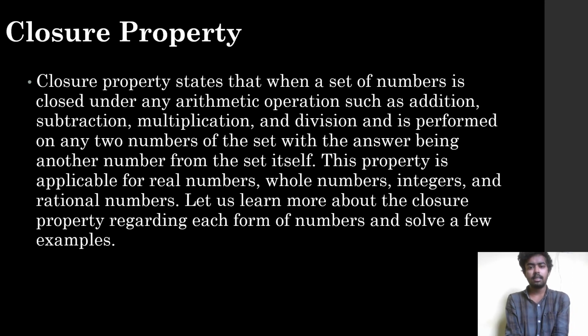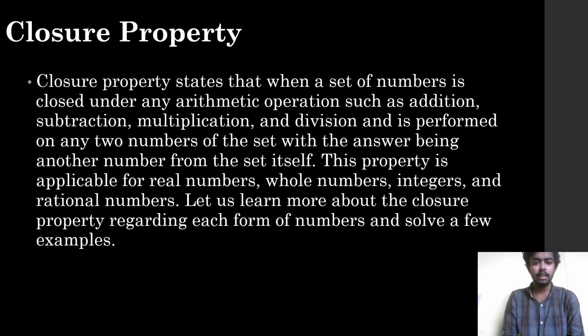Closure property states that a set of numbers is closed under any arithmetic operation, such as addition, subtraction, multiplication, and division, when the operation is performed on any two numbers of the set, with the answer being another number from the set itself.